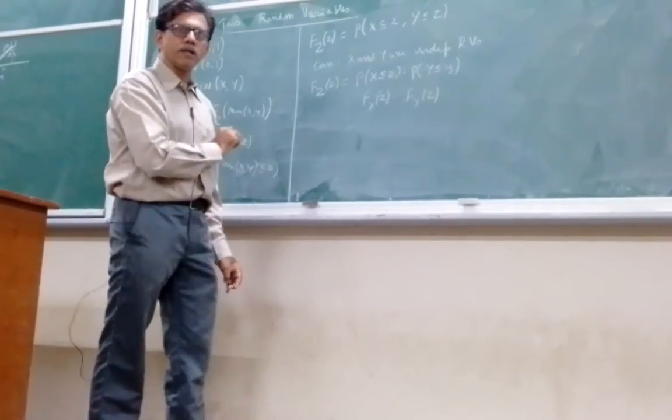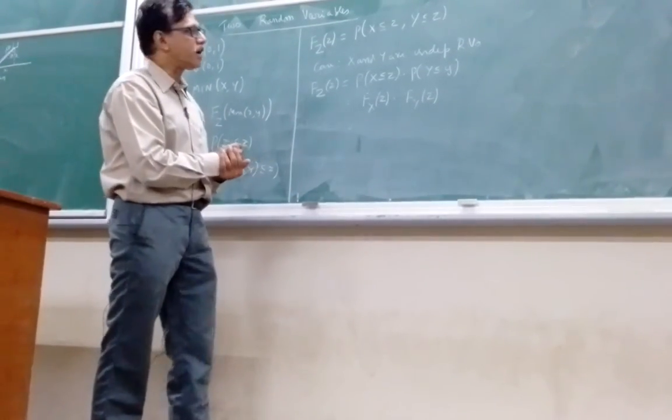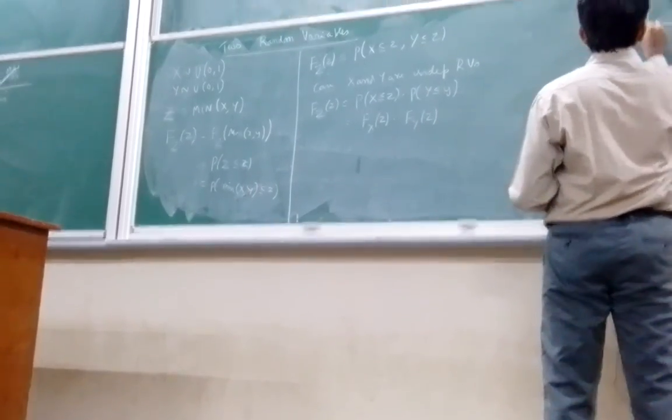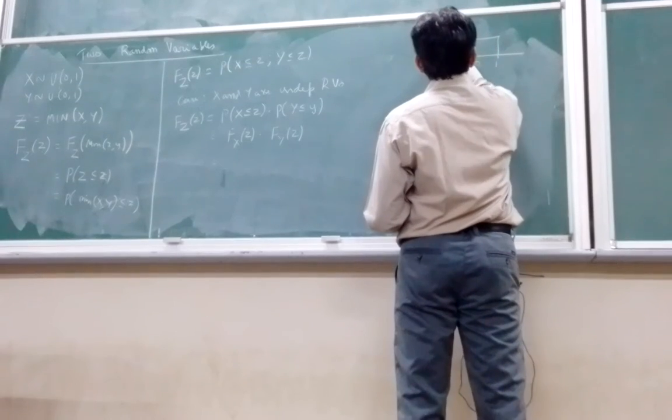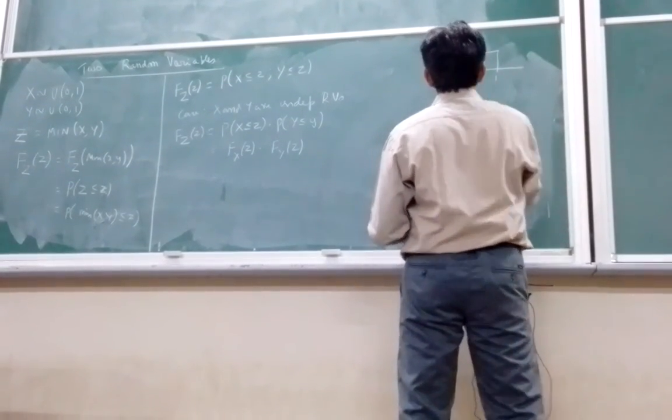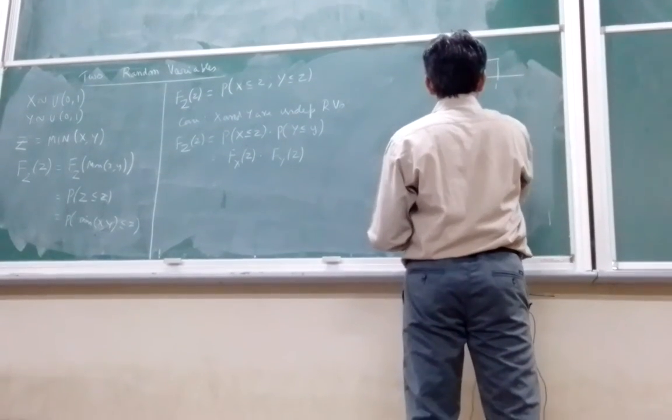So how is it defined? How is the F_X? Because they are uniform between 0 and 1, F_X of x would be the same as F_Y of y.